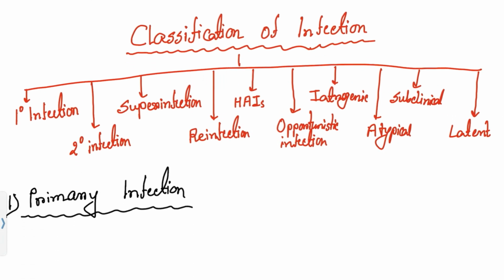Sometimes in exams, an MCQ comes where one straight line will be given and the options will be which kind of infection this is. So for that you need to know all the classifications of infections.